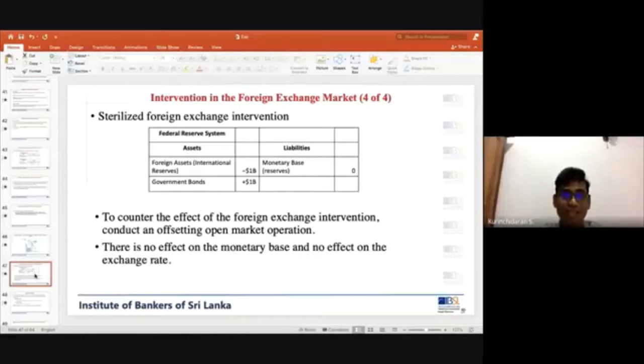That's minus 1 billion in foreign assets and plus 1 billion in government bonds. In that way, you can make the change in the monetary base zero. Now there's no impact on the money supply, but there's an impact on the foreign exchange market, right? Because we have pumped $1 billion of assets into the market. Clear? So we call this sterilized foreign exchange intervention.